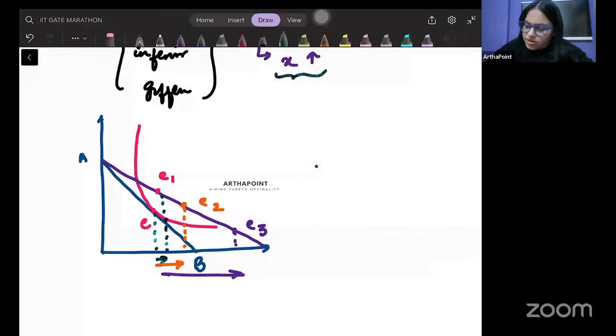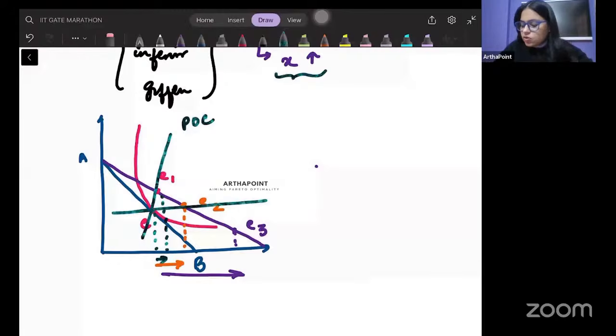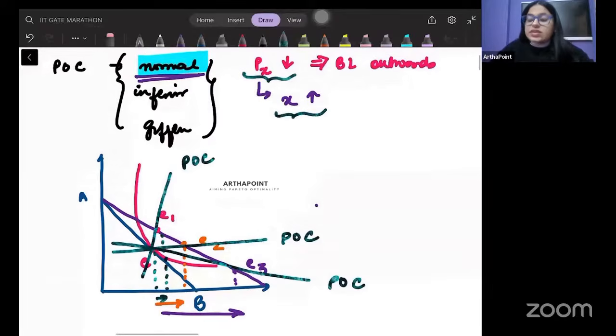If I join this, I will get an upward sloping price offer curve. If I join this, I will get a horizontal price offer curve. If I join this, I will get a downward sloping price offer curve. In the exam, if they ask you what the price offer curve of a normal good is, please don't write upward sloping. It is not always upward sloping.